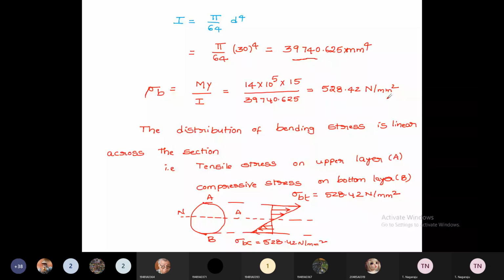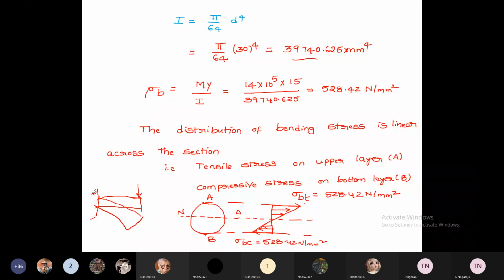And you know that bending stresses are distributed along the cross section, and the distribution is flexural. The load is acting in the downward direction. Then your beam bends due to the downward load like this.